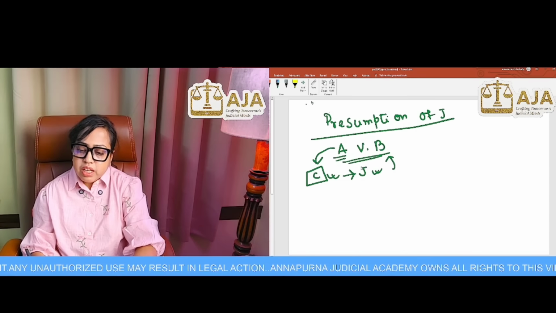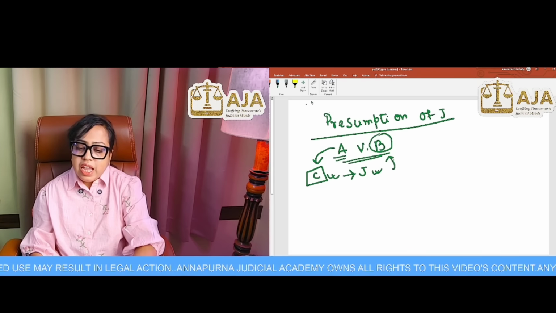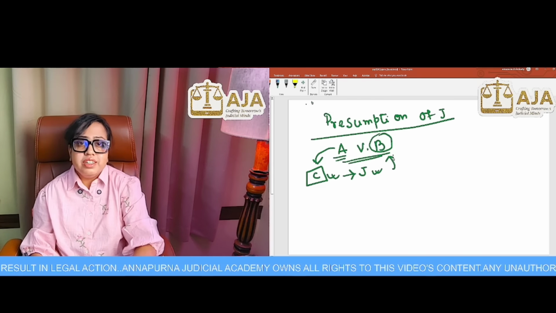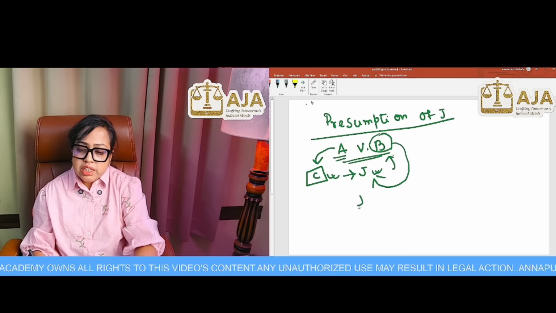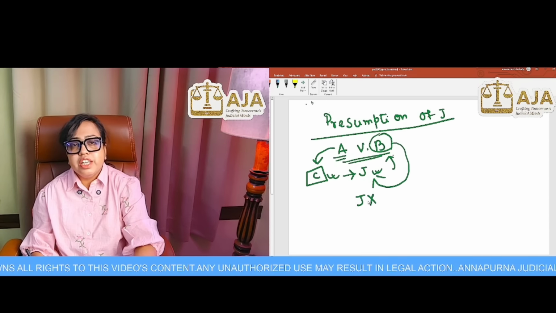Now, suppose B, the opposite party, has raised an objection regarding the jurisdiction. That is, B says that no, this court does not have the jurisdiction to try this suit.